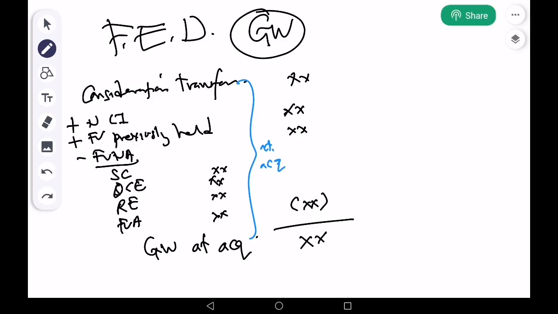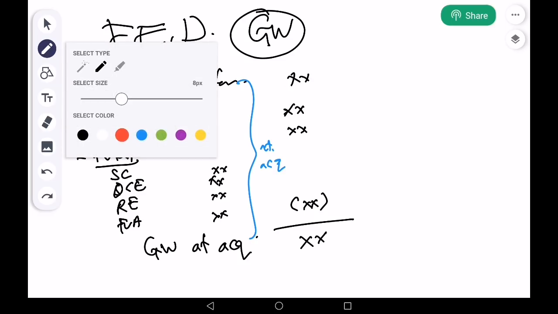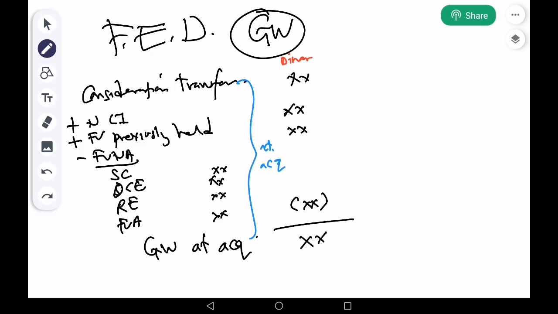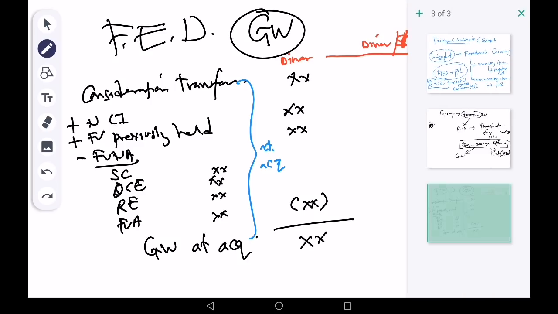So what is the difference for foreign subsidiaries? All this will be in dinar. Example, dinar or other currency. So you have to translate it to be in dollar. So we will give you the exchange rate. Remember, just to recall you on this method, if the question gives you $1 equals 3.5 dinar, it means that if the question gives you dinar and you want to change to dollar, you will divide.